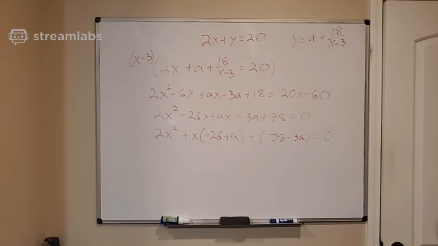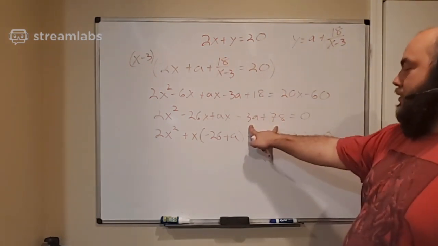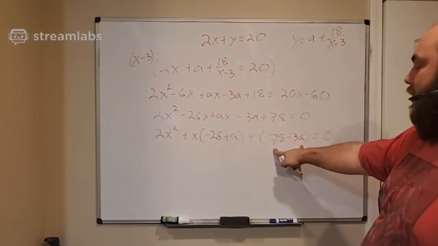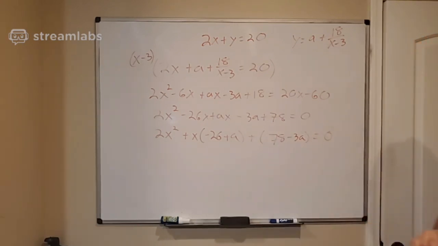So I grouped them all together to make it a positive 78 minus 3a. It doesn't matter if you necessarily do it that way or not. You can rearrange them as long as you do it properly, but that will make your life a lot easier, in my opinion. And now at this point, I think we wanted no intersections on this problem?